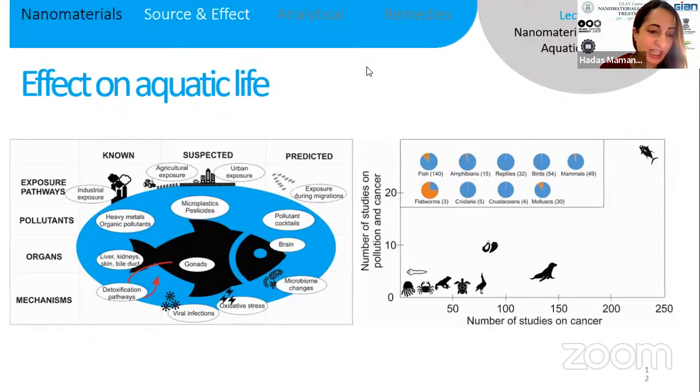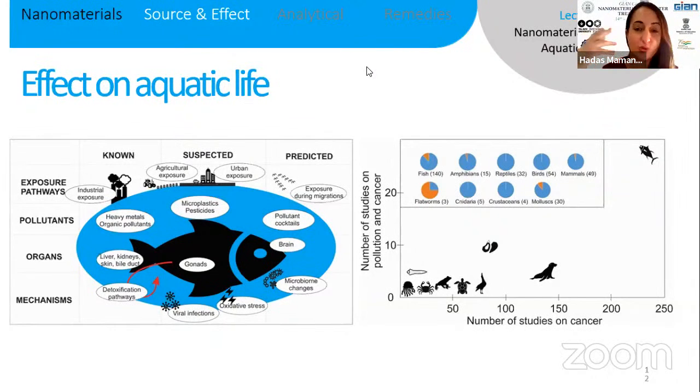Another important feature is that the toxicity of nanoparticles in biological media can also cause damage to the genetic material. So actually, DNA is a significant cellular component that is very susceptible to oxidative stress.